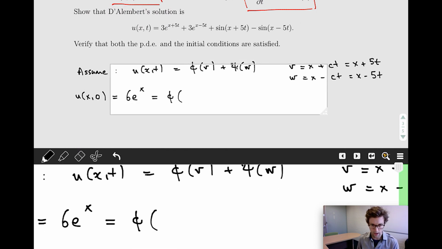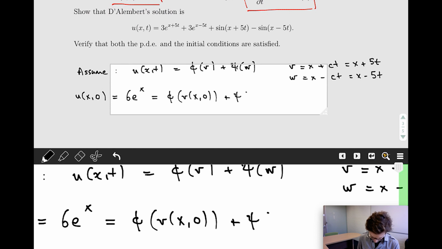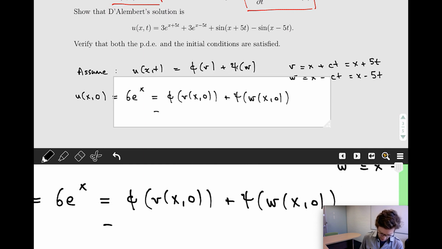So I've got phi is a function of v, and v itself is a function of x and t. And I'm looking at the value of this function when t is equal to 0. Psi is a function of w, and w is a function of x and t, and I'm looking at t is equal to 0. So what are v and w when t is equal to 0?